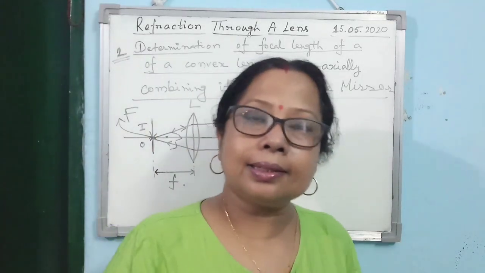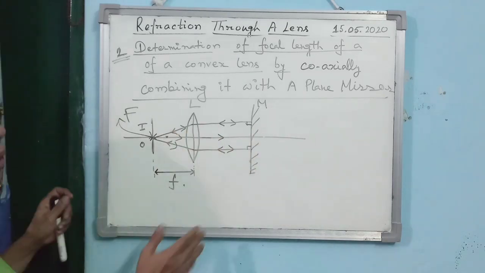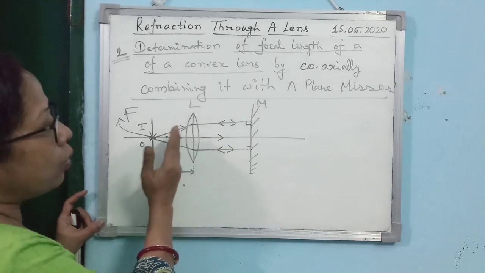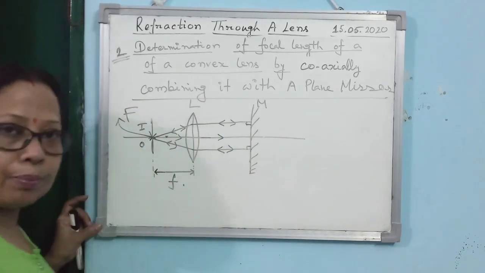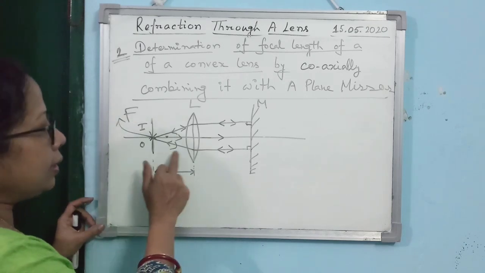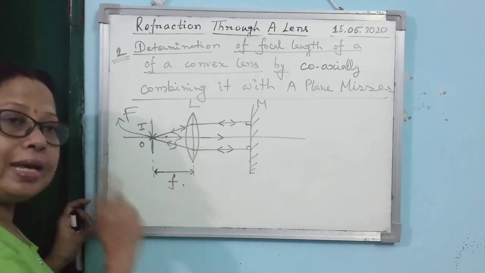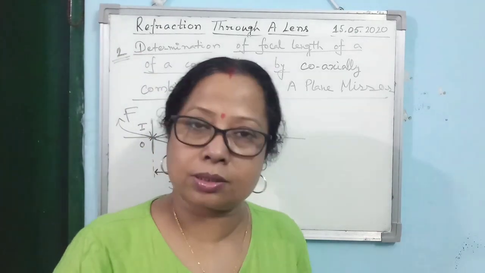Is that clear? Then the next question, just look at the diagram. If the mirror is taken towards the lens or away from the lens, will there be any change in the position of the image and object, or will there be any change in the focus?